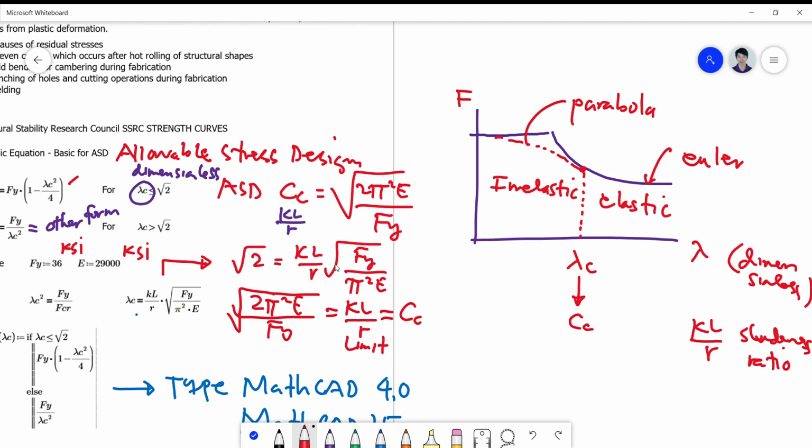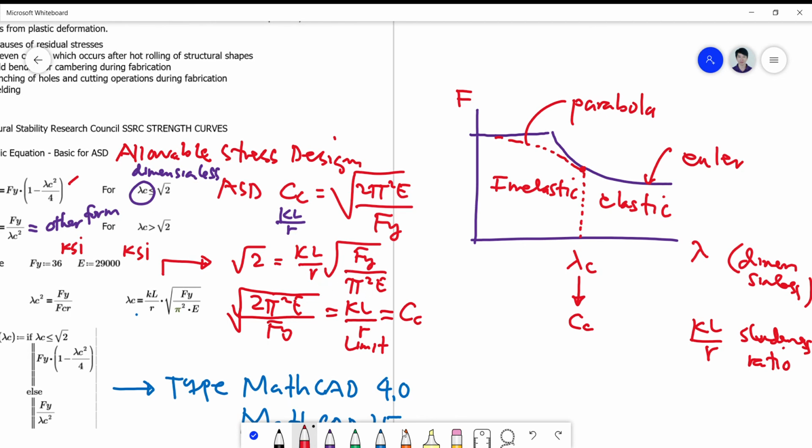So if we equate now the lambda sub c, which is square root of 2, with that of your KL over R square root of Fy over pi squared E, what happens? You get now the limiting value for your C sub c. Okay? How did this happen?